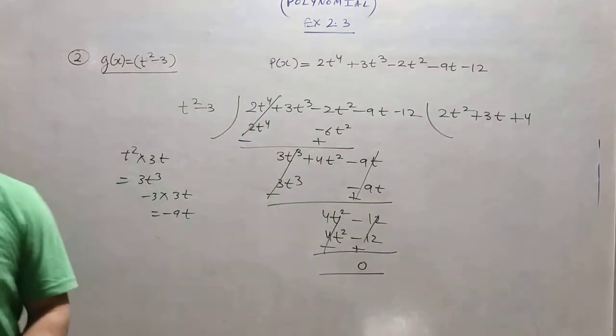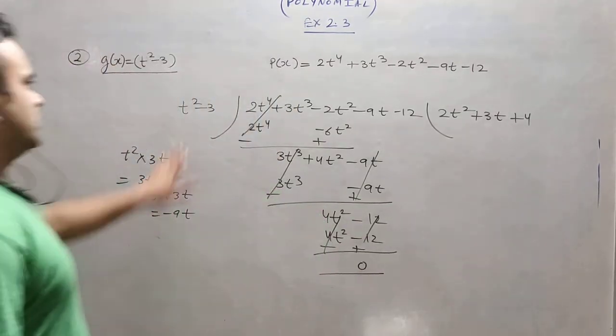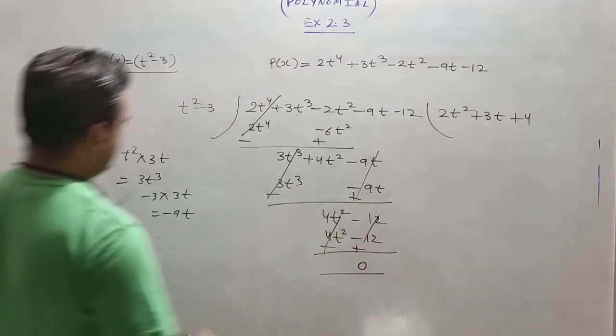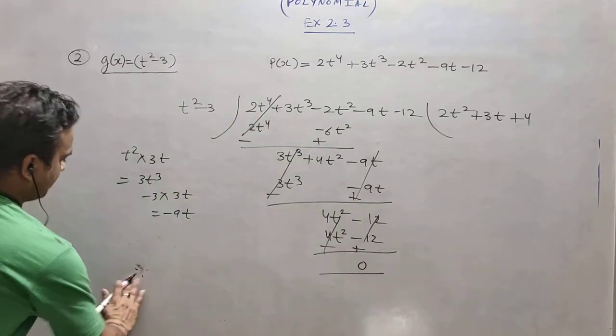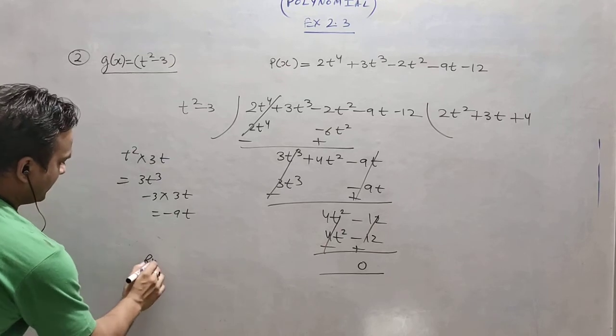So what do you mean by this? Yes, this t square minus 3 is a factor of this. At last you will write here by factor theorem.